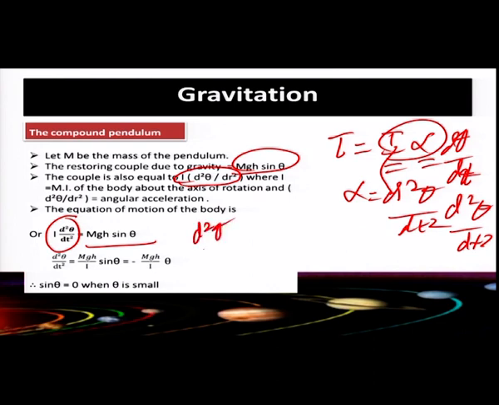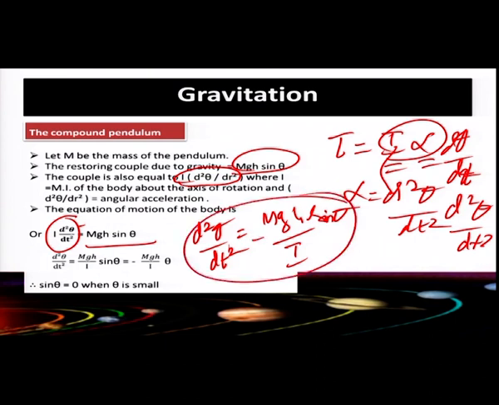Therefore, d squared theta by dt squared is equal to mgh divided by I into sin theta, and there should be a negative sign here. So d squared theta by dt squared is equal to minus mgh by I sin theta.